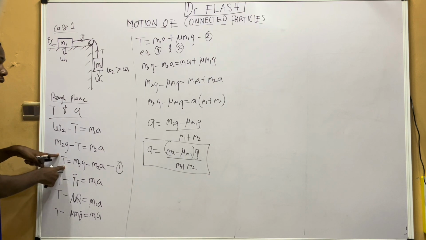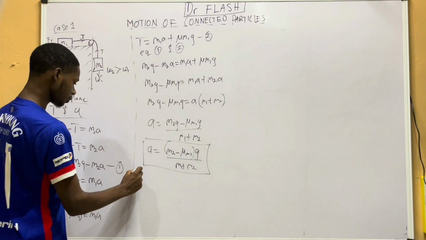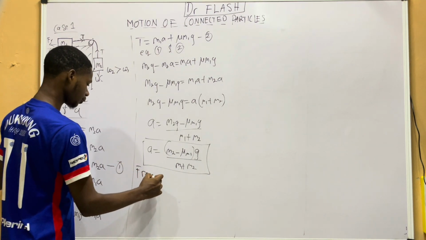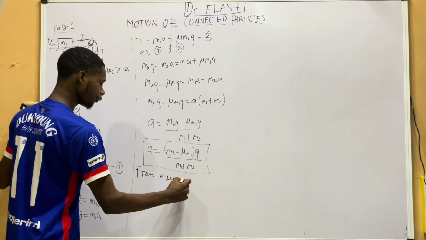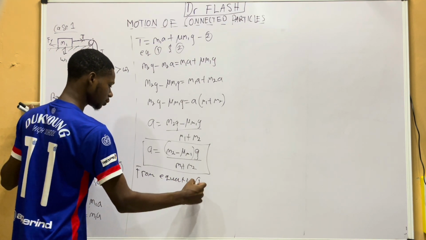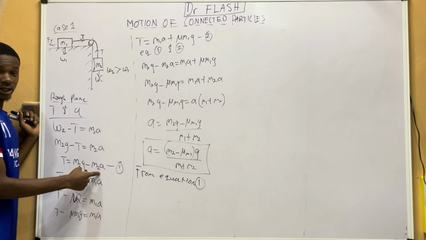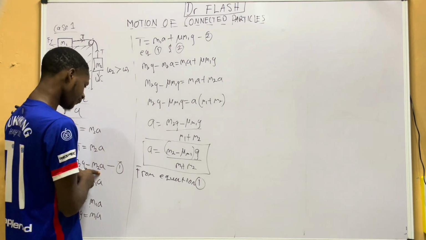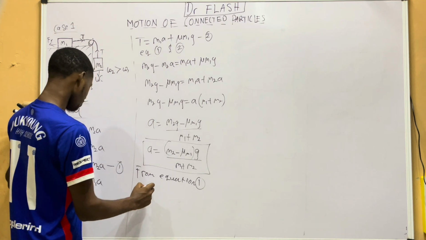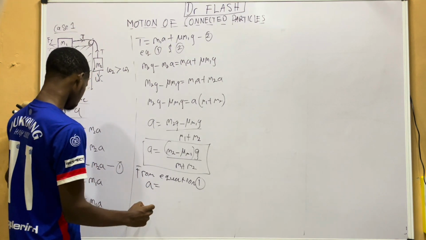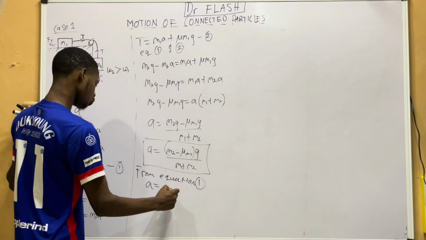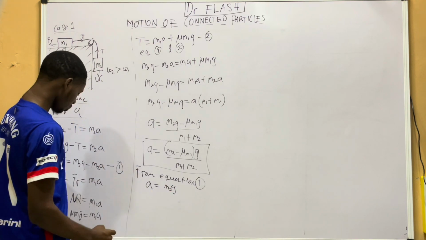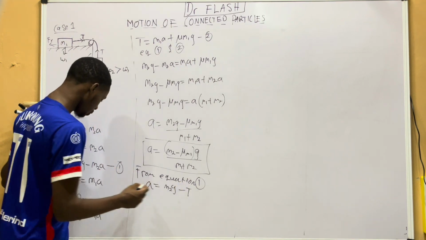So from equation 1, I want to make a the subject. If I make a the subject, I'm going to have a equals m2g minus T, this is equation 1.